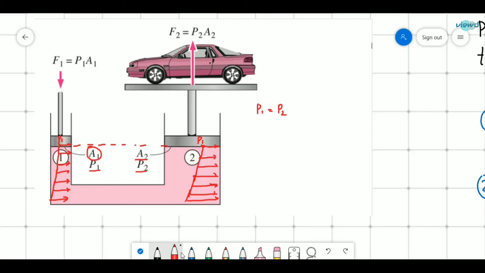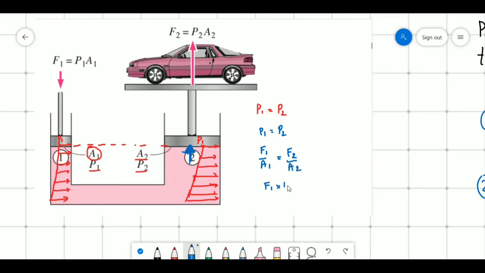And also we have seen that the pressure force will be acting perpendicular to the surface. So here P1 is equal to P2. P1 is F1 divided by A1, force by area is pressure, which is also equal to F2 by A2, since P1 is equal to P2.